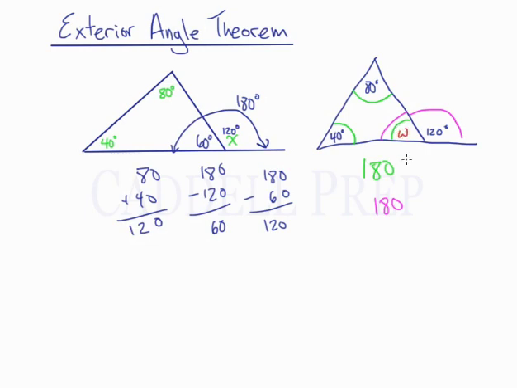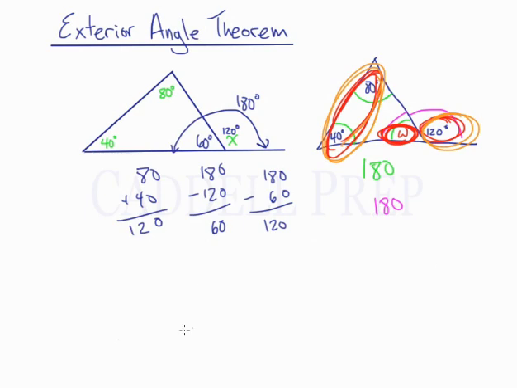So let's call this W. If 80 plus 40 plus W has to equal 180, and 120 plus W has to equal 180, then the sum of these two must equal this. If these two plus this is 180, and this plus this is 180, then these have to equal. The sum of these two must equal this angle.